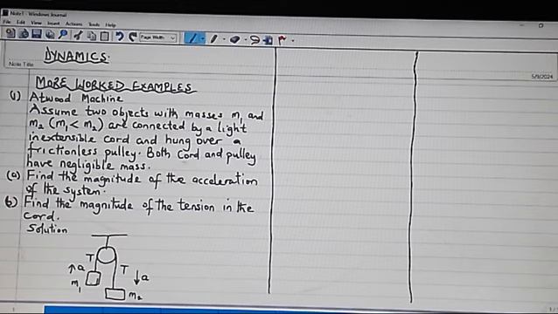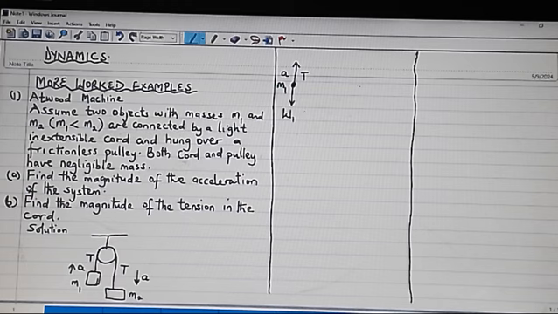First and foremost, let's consider the forces acting on M1 and M2. We can use a free body diagram to illustrate this. Okay, this is for M1. You have the tension acting upwards. This is W1.